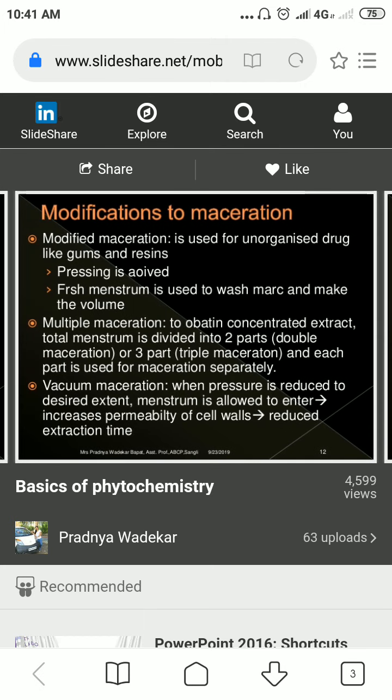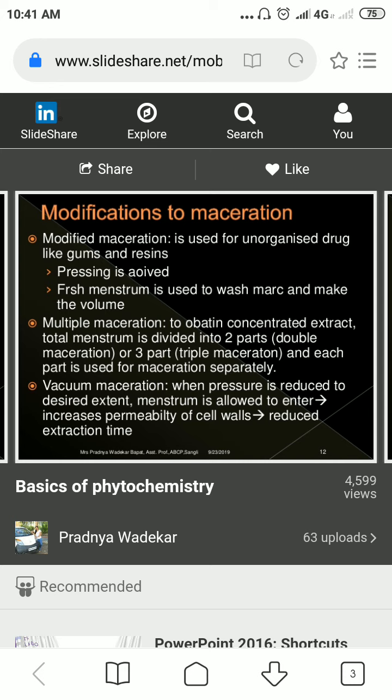So, modification of maceration. To overcome such disadvantages, we have to go for modifications of maceration. Modified maceration is used for unorganized drugs like gums and resins. Pressing is avoided. Then fresh menstruum is used to wash the marc and make up the volume. Multiple maceration is used to obtain the concentrated extract. The total menstruum is divided into 2 parts or 3 parts, and each part is used for maceration separately.